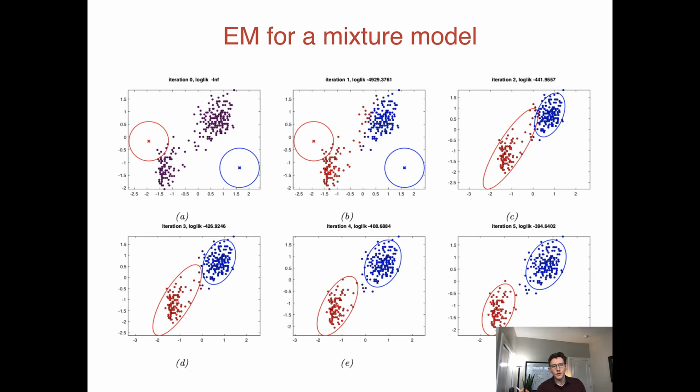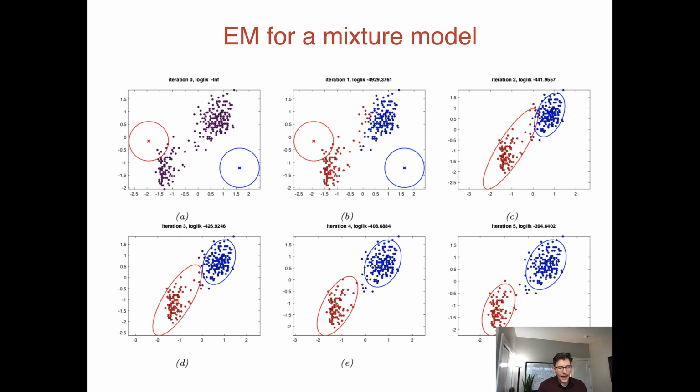Now, once you actually apply this, it's going to have this kind of iterative approach that we're used to seeing for clustering algorithms. So we start here where we've defined our mu and sigmas as some arbitrary initialization.